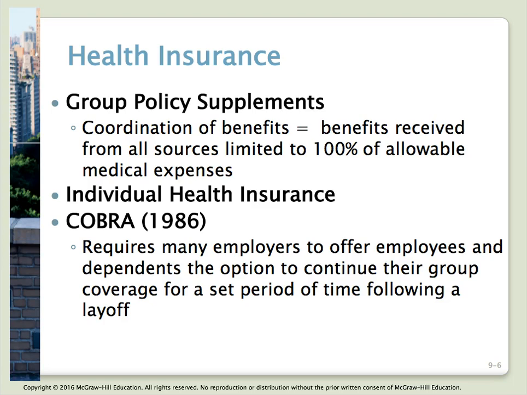The reason my husband and I had to purchase individual health insurance is because he lost his job through downsizing, and we were insured through his insurance with his position. We were happy to find out that for a period of time we were covered under what's called COBRA, which is the Consolidated Omnibus Budget Reconciliation Act of 1986, abbreviated as COBRA. It requires many employers, though not all, to offer employees the option to continue their group coverage for a set period of time following a layoff, and we were able to participate in that.